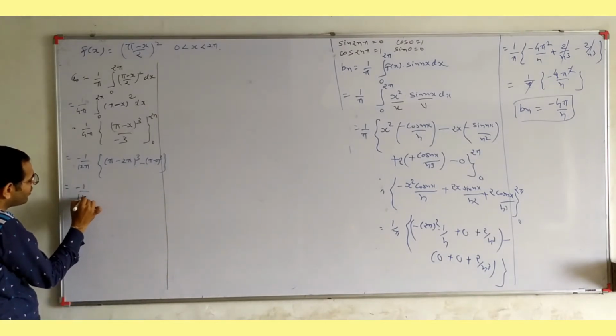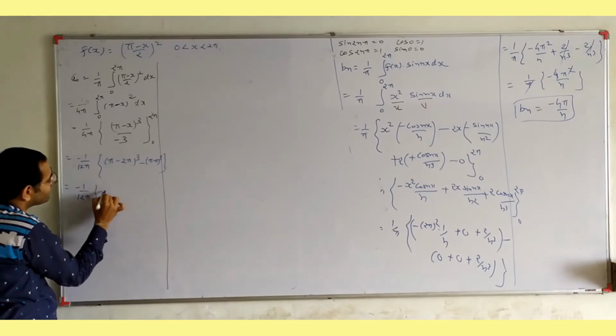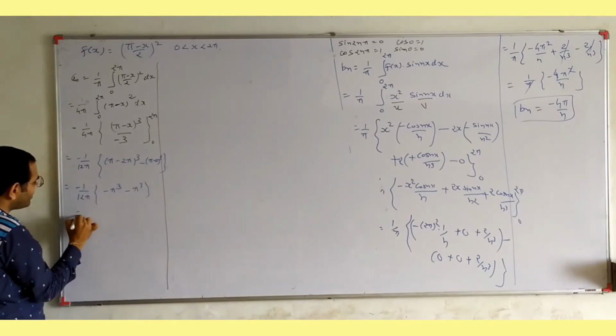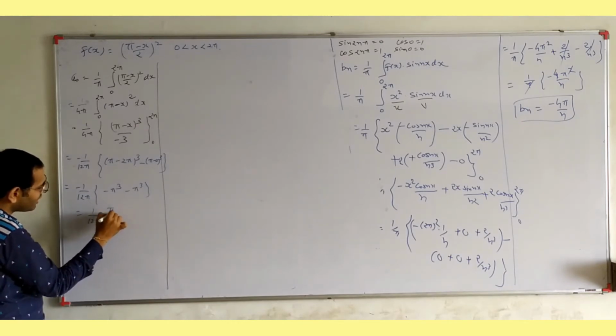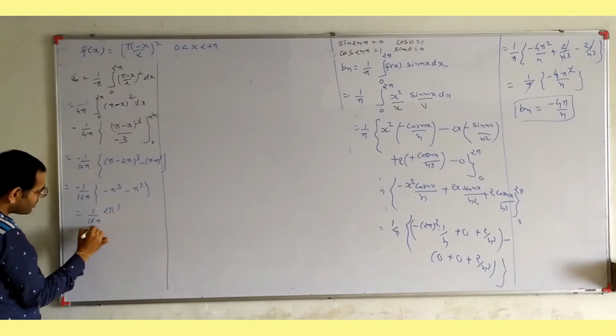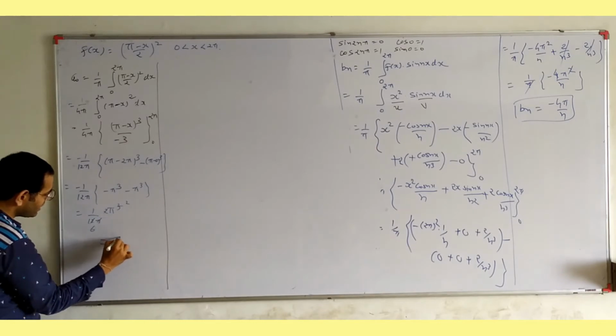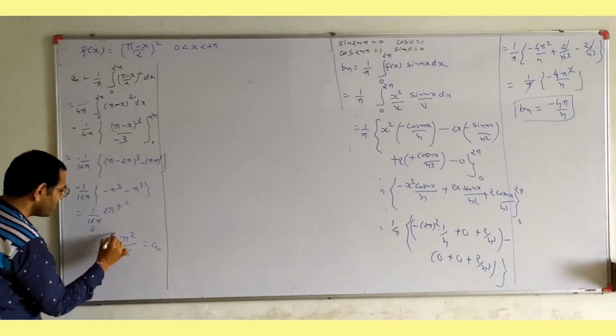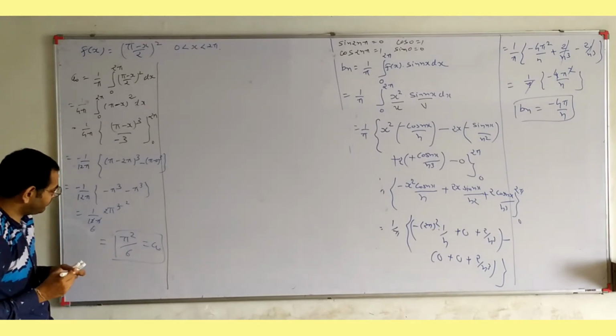Then minus 1 upon 12 pi, (pi minus 2 pi, that is minus pi, then minus pi cube), here also minus pi cube. Minus minus is common and plus, then 1 upon 12 pi, here 2 pi cube, then 2 and 6 cancel, that is pi square by 6, which is the value of a0.